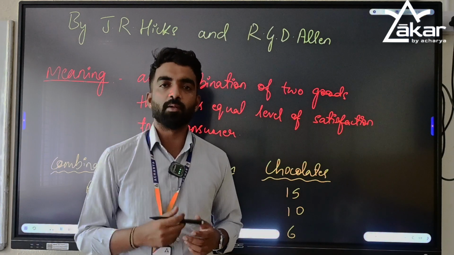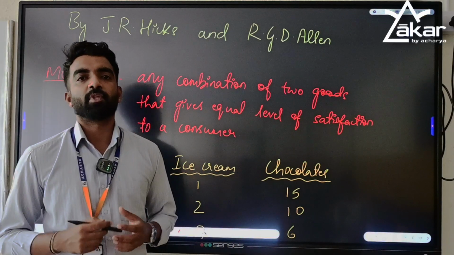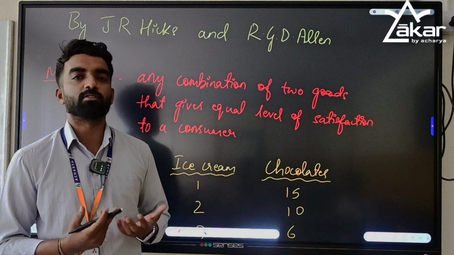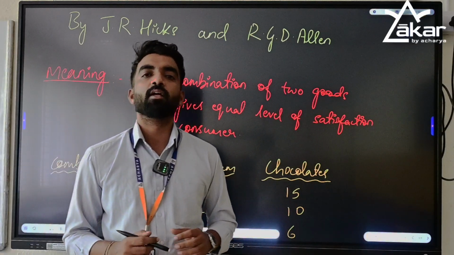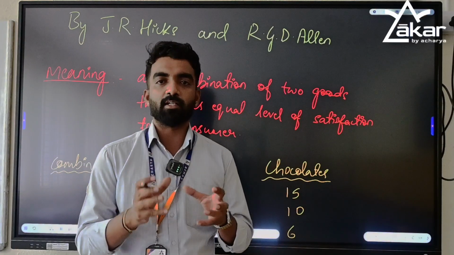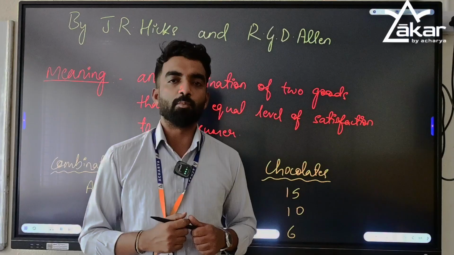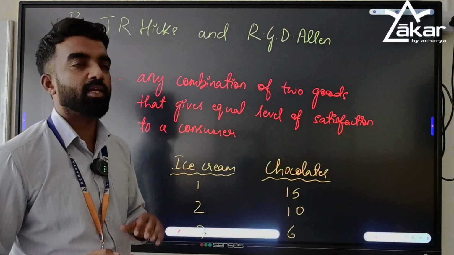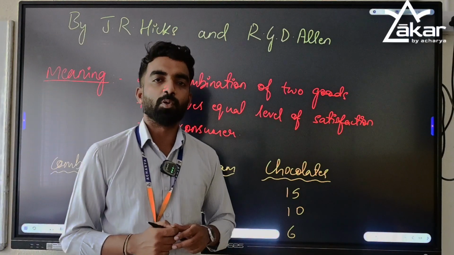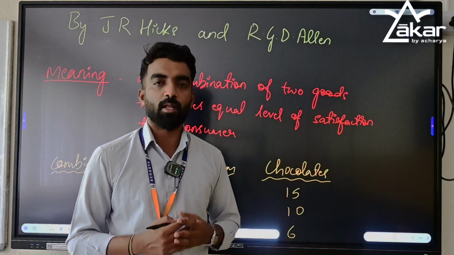The product was film here or the movie, right? It is dependent on many other factors. So these modern economists said a consumer cannot give exact number to express his satisfaction from the consumption of a commodity. Understood? That is why they rejected cardinal approach and they came up with something called ordinal approach.